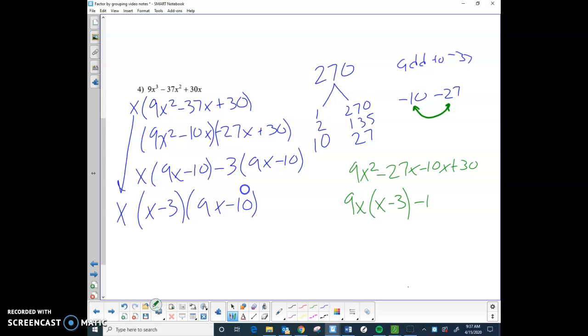This back half, I've got a minus 10 and an x minus 3. So we still had our x from before, 9x minus 10 and x minus 3, which is the same thing we had over on the other side. So it does not matter which order you put those in, you will end up with the same answer. All right, so that's factoring trinomials.